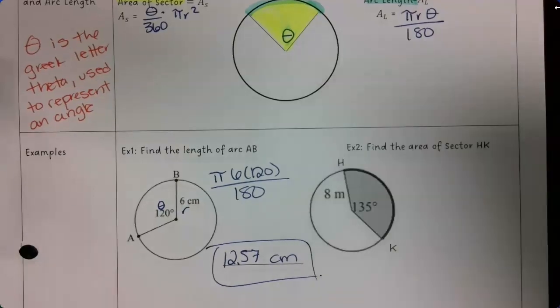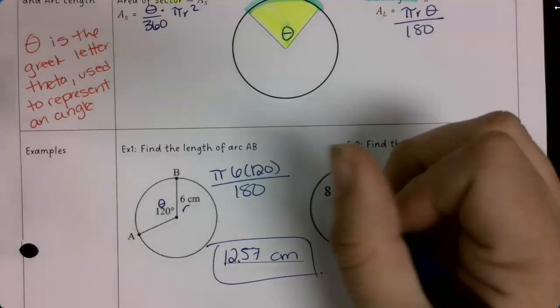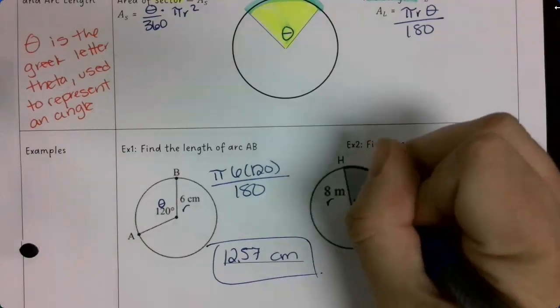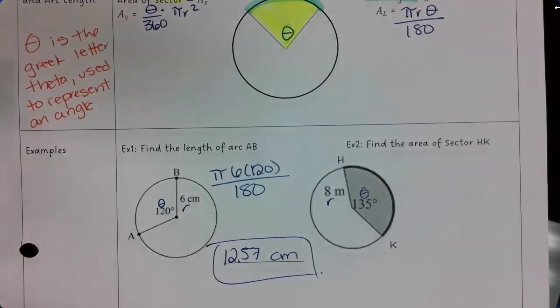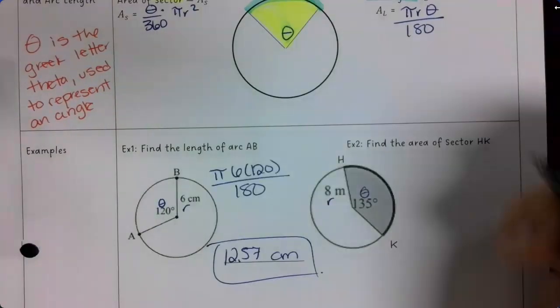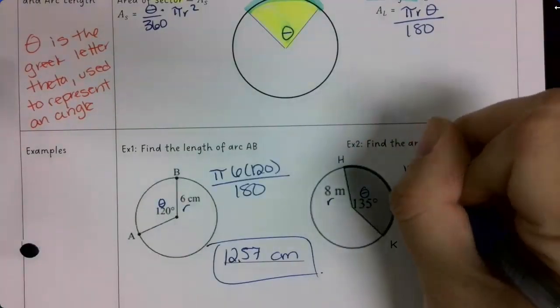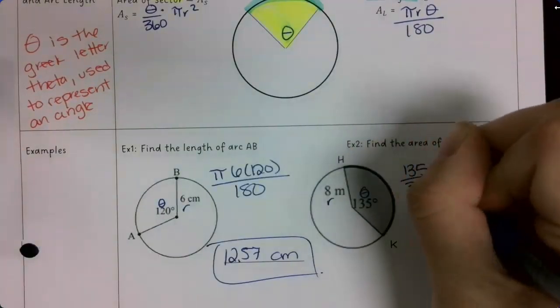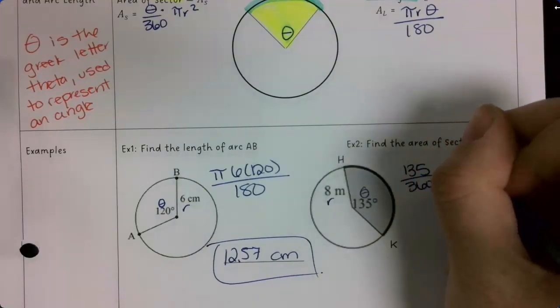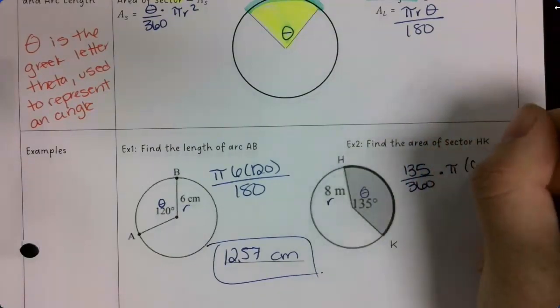Number 2 is finding the area. So 8 is my radius, 135 is my angle. I'm plugging into this area formula up here. So I'm going to have 135 over 360 times pi times 8 squared.